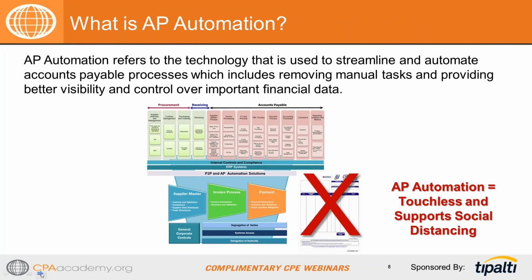If we drill down a little bit, traditionally AP automation refers to that technology that's used to streamline and automate AP processes, which removes manual tasks and provides better visibility and control over important financial data. Think about accounts payable, how much data and how important that data is, and being able to get to it a lot quicker and certainly have accurate data.